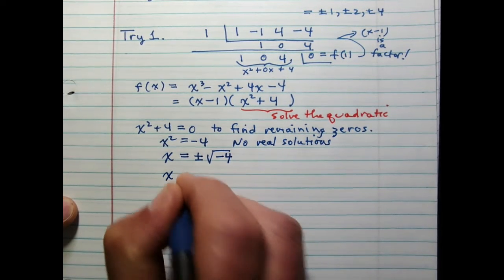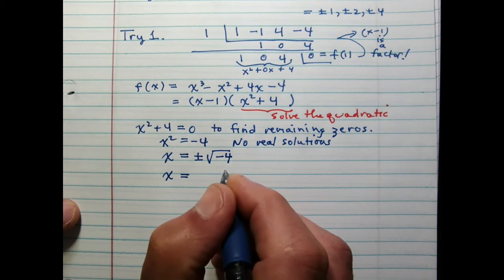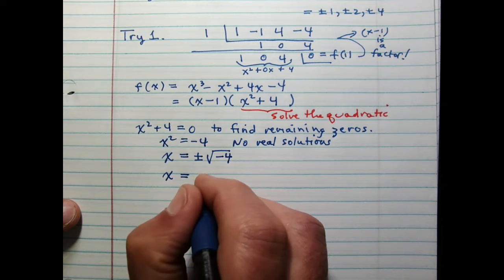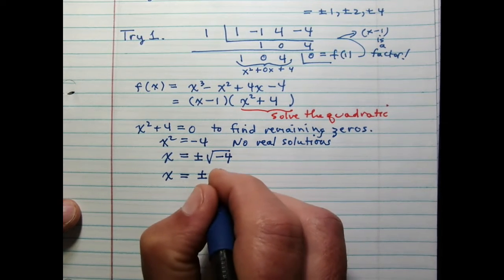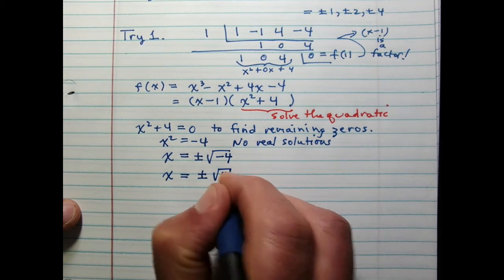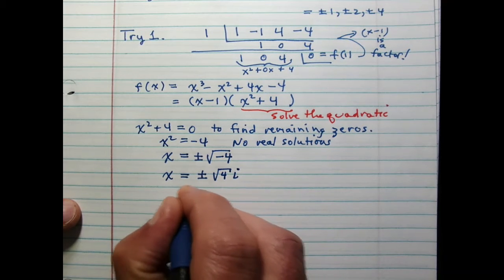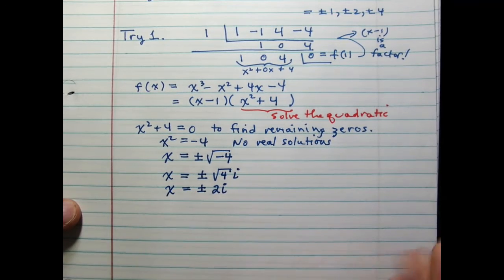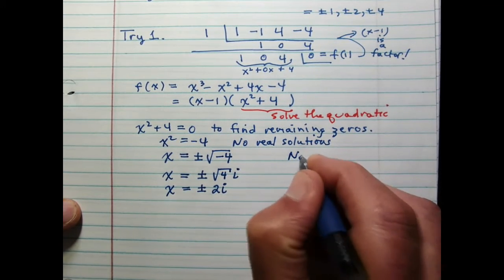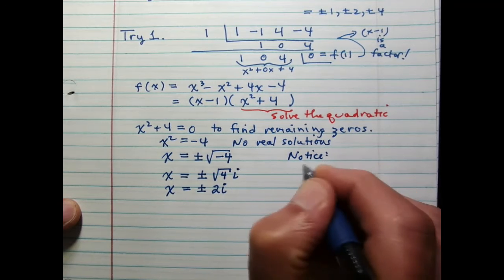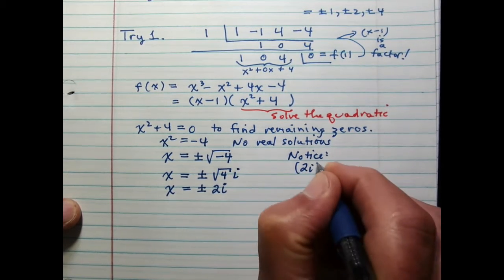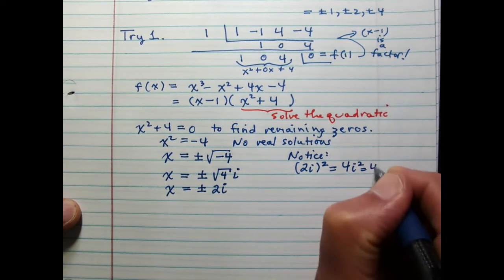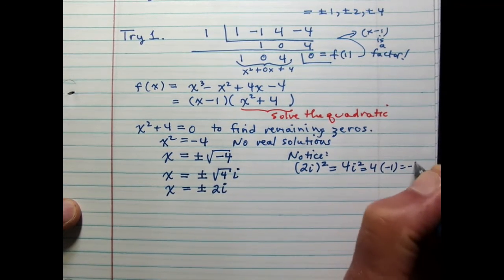And here's where I'm going to bring in complex numbers. This can be thought of as plus or minus the square root of 4 times i, or plus or minus 2i. So notice if I square 2i, I get 4i squared, which is 4 times negative 1, or negative 4.